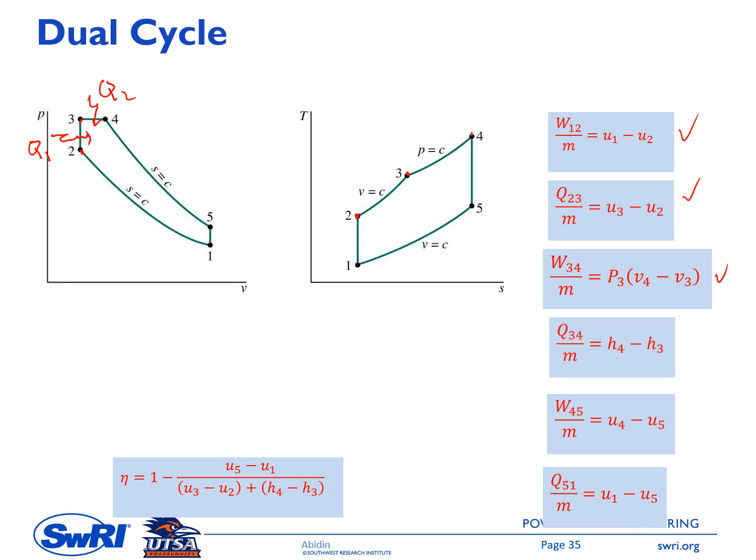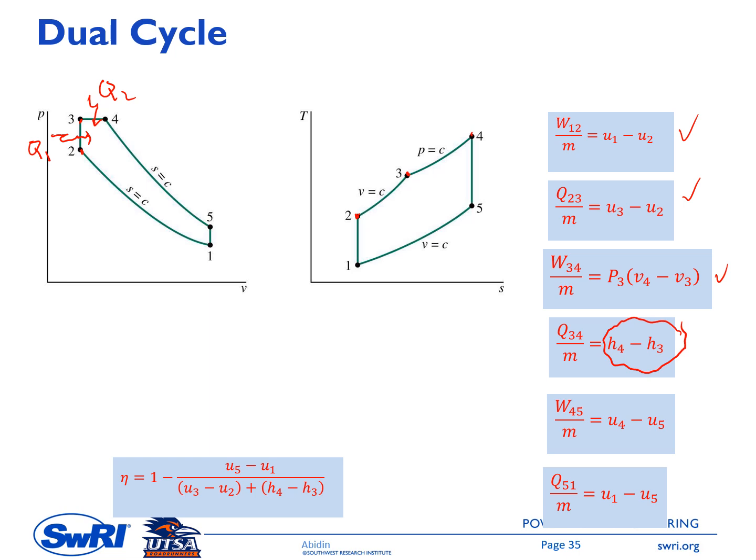It is at constant pressure P3, so W34 is P3 times the volume difference, V4 minus V3. And then the second heat addition, Q34, is m times H4 minus H3. See here, we use enthalpy.